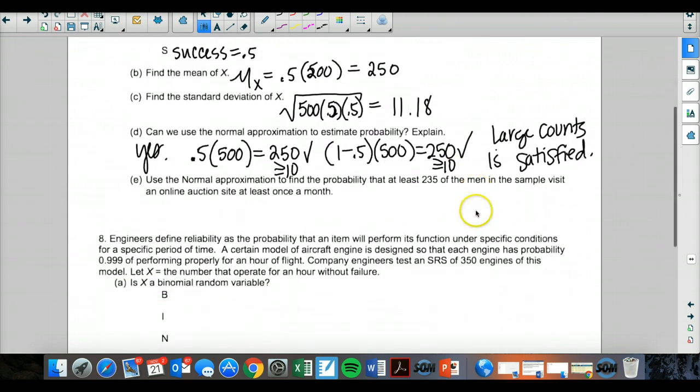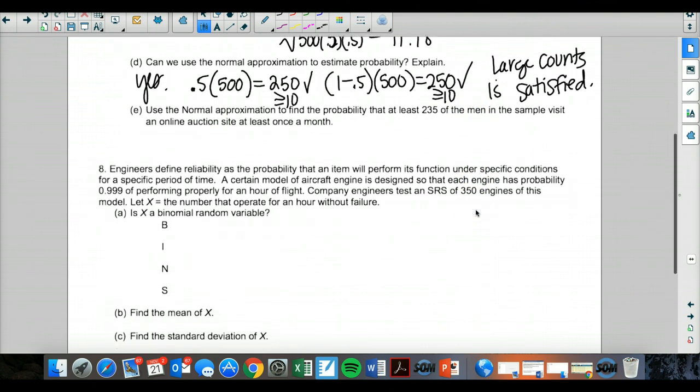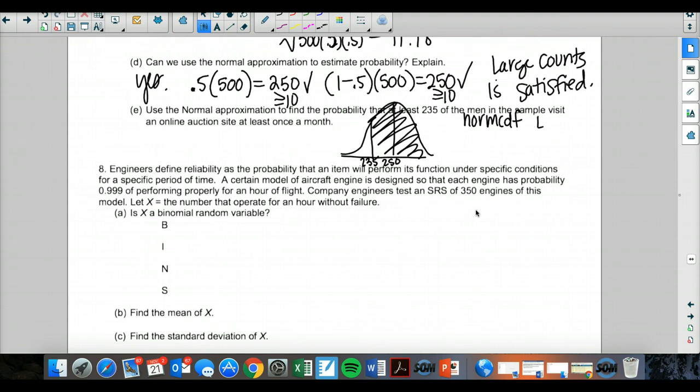All right, use the normal approximation to find the probability that at least 235 of the men in the sample will visit an online auction site. So this is 250, at least 235 would be all of this. So I'm going to norm CDF, my lower is 235, my upper is 10,000, but I'm thinking, I wonder what difference it'd make if I made it 500.